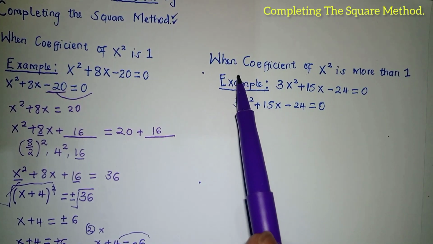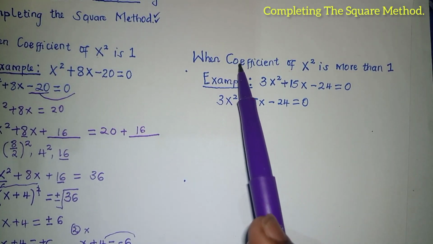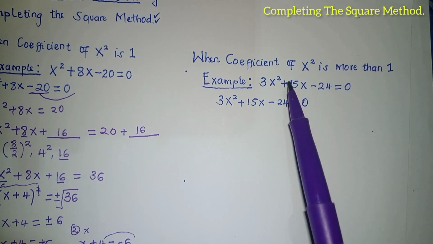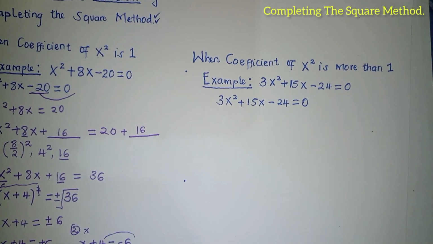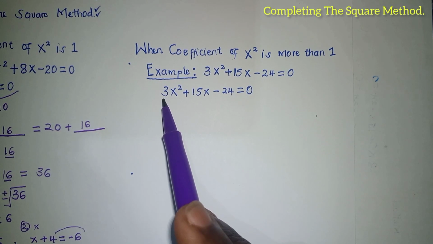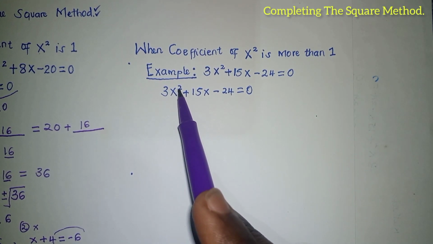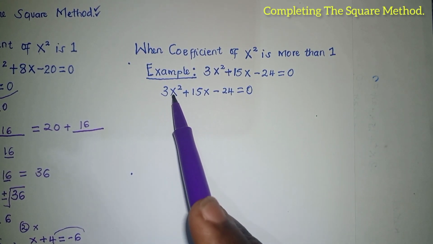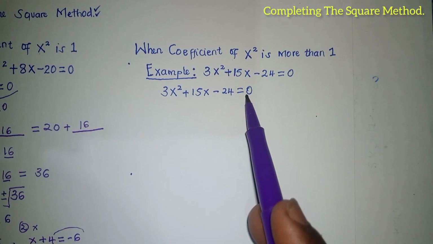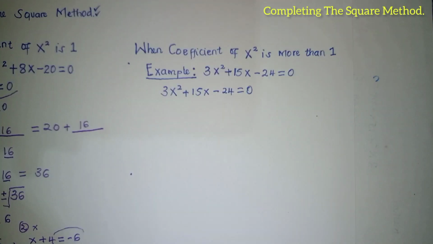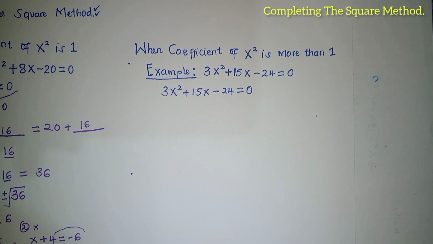Now, how do we complete the square when the coefficient of x squared is more than 1? Here is what you do. In this case you should make the coefficient of x squared to be 1 by dividing all the terms in this equation by the coefficient of x squared. Our coefficient in this equation is 3.